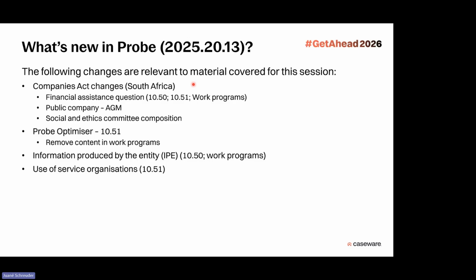For some reason, that got stuck in my mind somewhere. So there you will still have the questions in 1050 that say, has the company given any assistance? Then you'll have the questions in 1051 where you have the group entities, and then of course the procedures will appear in the work programs. So it's really just been updated for the change, no longer requiring it for subsidiaries.